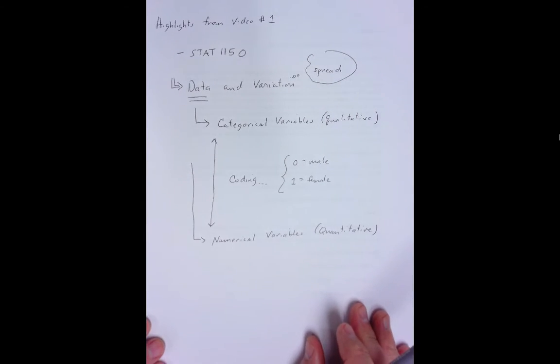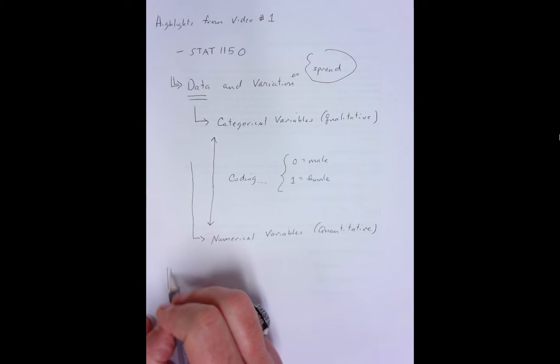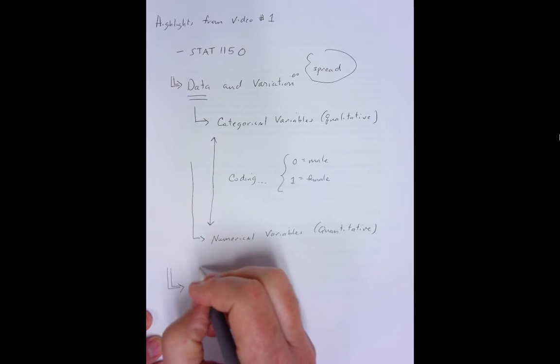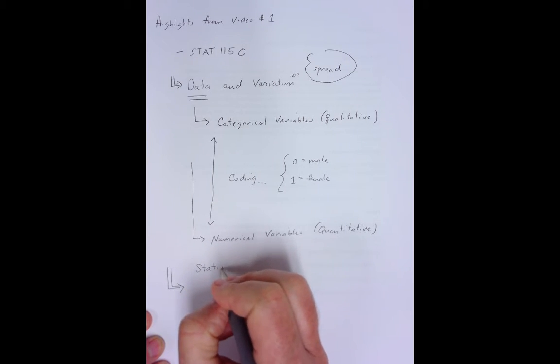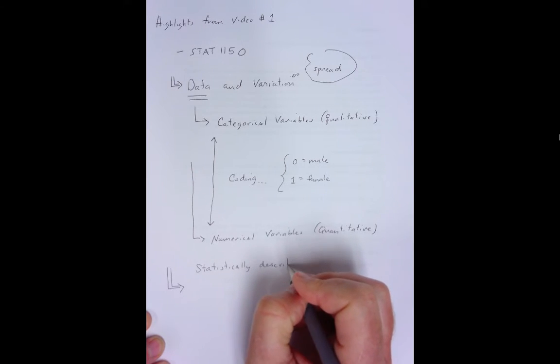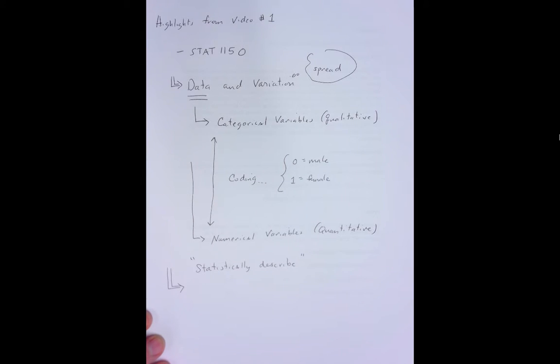All right? Now, one of the most important things that I wanted you to take from the first video is once we have our data and we've classified it as either categorical or numerical, what do we do next? Well, what we do, and this is a Darbroism, I don't think you're going to find this in any textbook, we would want to statistically describe the variable, the data that was collected.